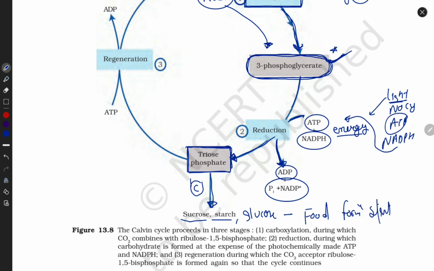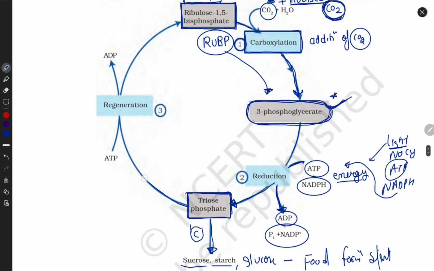Then triose phosphate goes back to its normal compound RuBP. This process is regeneration, and again we lose one ATP.